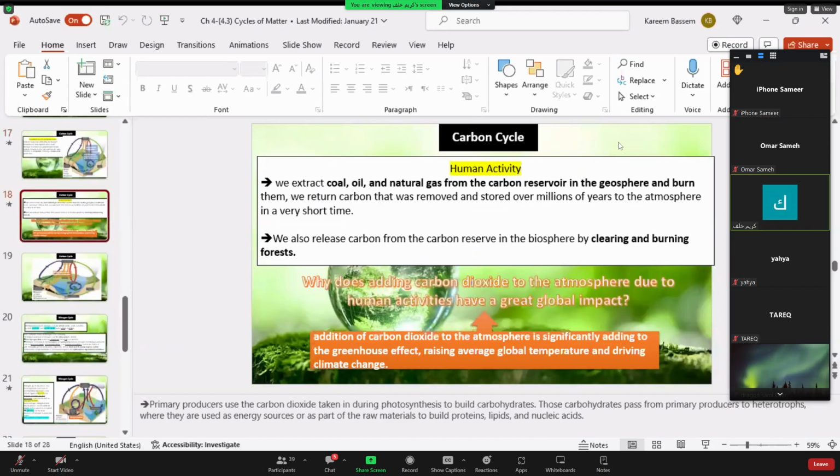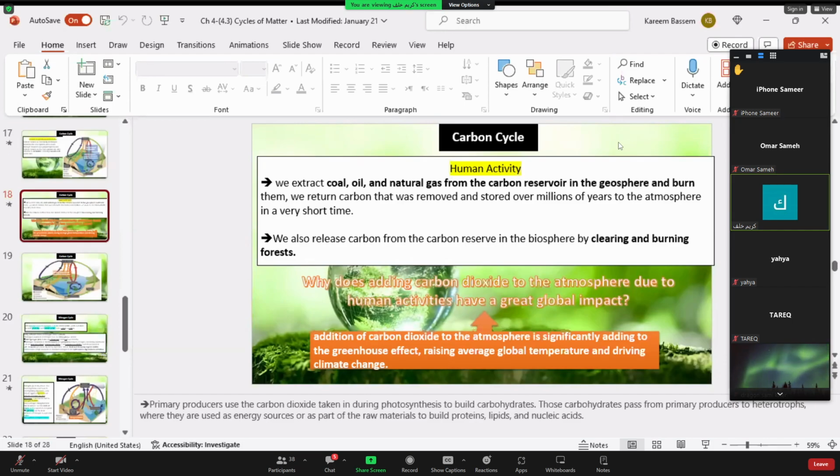The last one, human activity. We described before a lot of human activities that could be a reason for recycling, like the famous one, starting with mining and drilling to extract coal, oil, and natural gas, then burning them to use, which starts to release carbon dioxide.